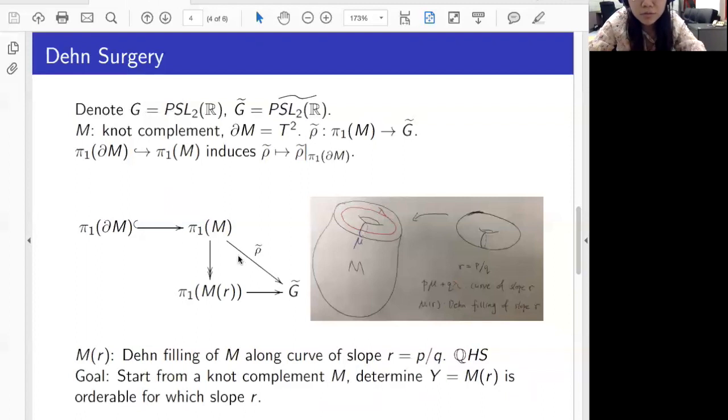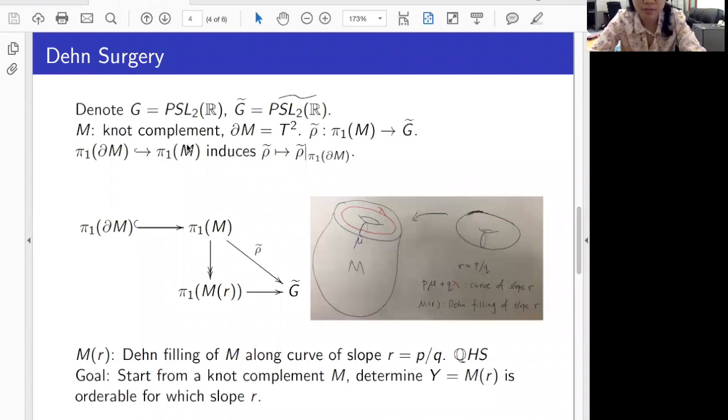So we could start from the knot complement M, and then construct a class of PSL2R tilde representations of the fundamental group of M. And then we will test for which slope R the kernel vanishes. And if the kernel vanishes for some slope R and for some representation rho tilde, then we know the Dehn filling of M along the curve of slope R is orderable.